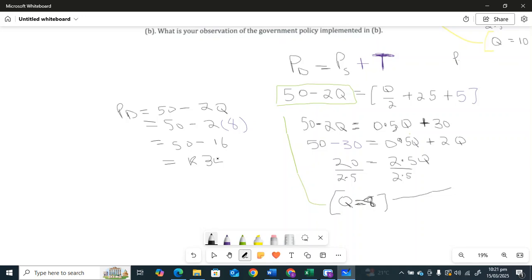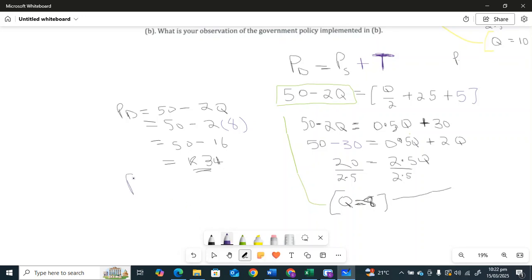Okay, so from paying 30 kwacha initially as a consumer, now you're paying 34 kwacha. So the tax has basically raised the price of the good, how much you are paying. So the consumer is now paying 34 kwacha.